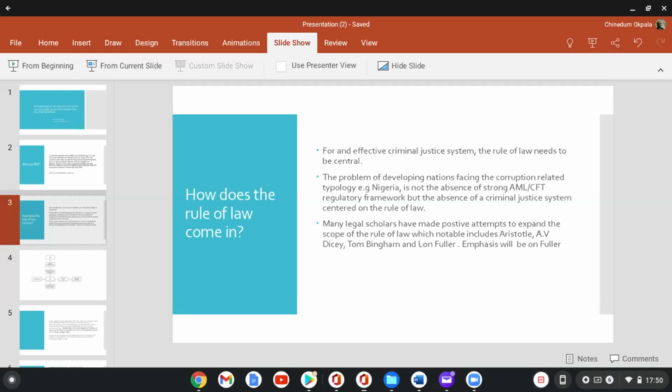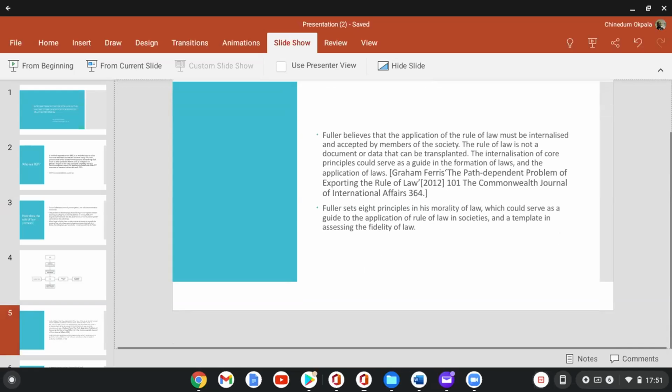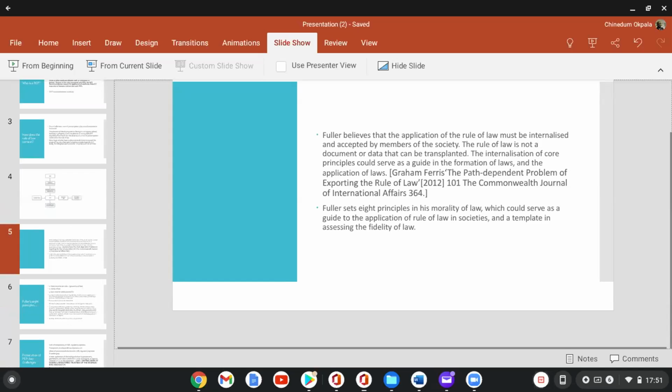Now, many legal scholars have made positive attempts at expanding the rule of law: notably Aristotle, Dicey, Tom Bingham, Lon Fuller. Most of this discussion, I would shed more light on Lon Fuller. I integrate the eight principles of Fuller's morality of law and apply them to the AML regime in Nigeria, and how it has affected the successful prosecution, or non-successful prosecution, as the case may be, of politically exposed persons.